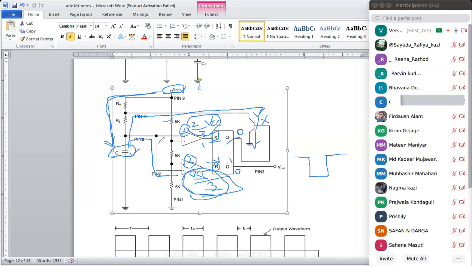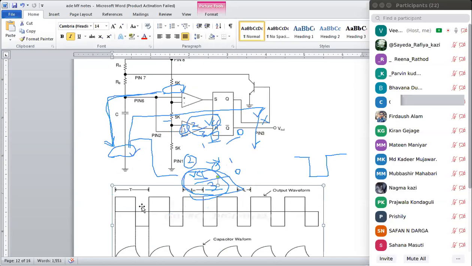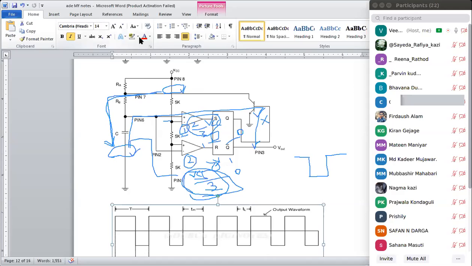So this charging and discharging of the capacitor has been shown up here, and the output of this SR flip-flop is going to be high to low and low to high, continuously running.